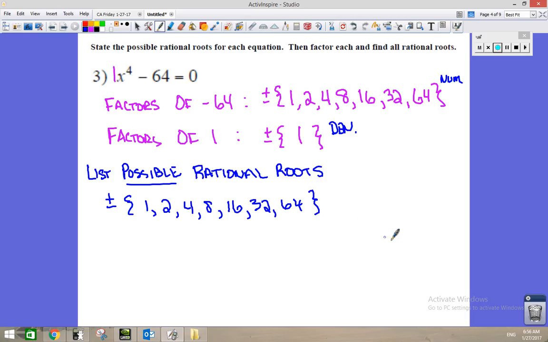Now let's come in and check. Here, I'm not going to do synthetic division because I'd have to put in a 0x cubed.